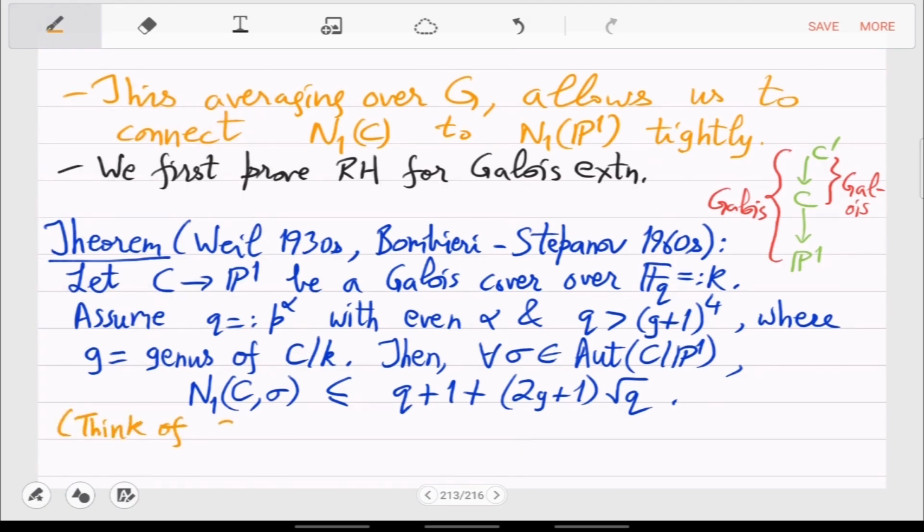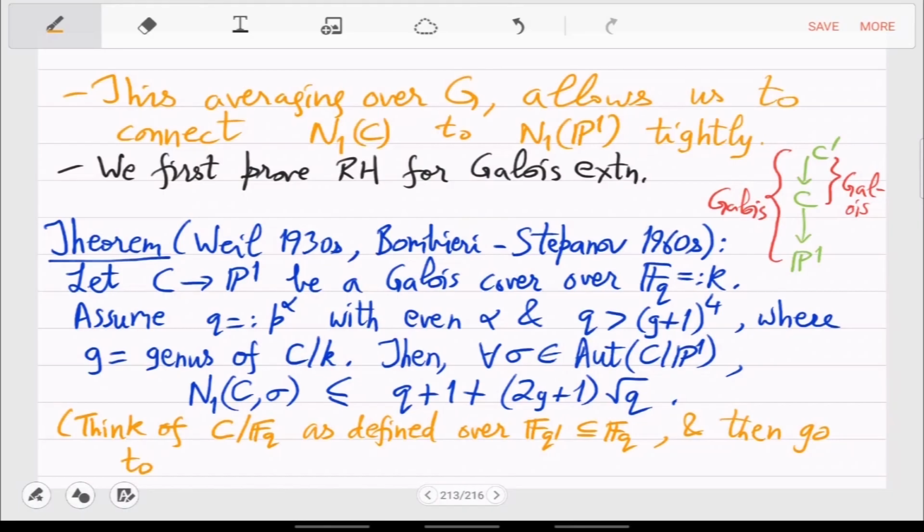So think of C over FQ as defined over some smaller field, and then you go to FQ large enough.